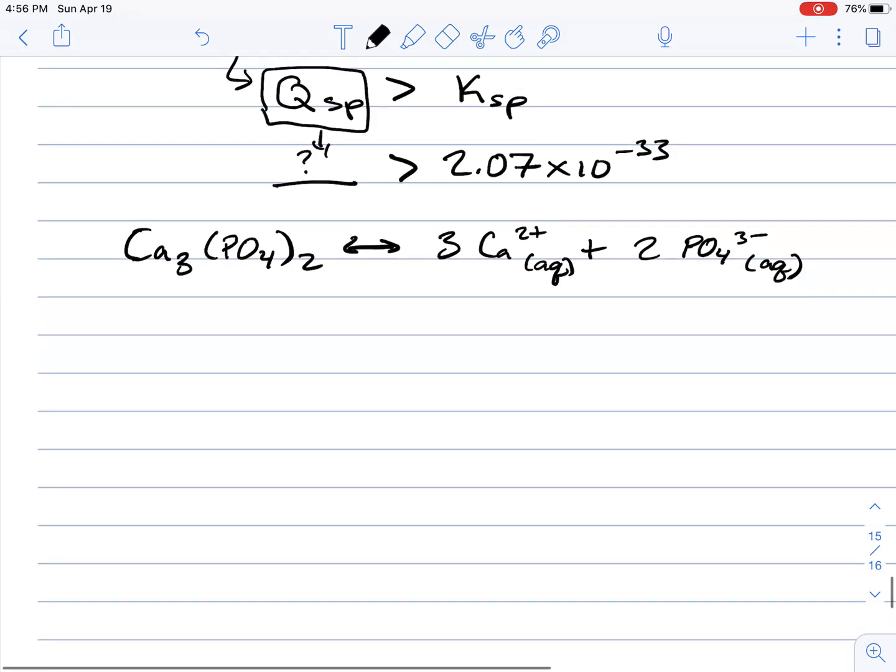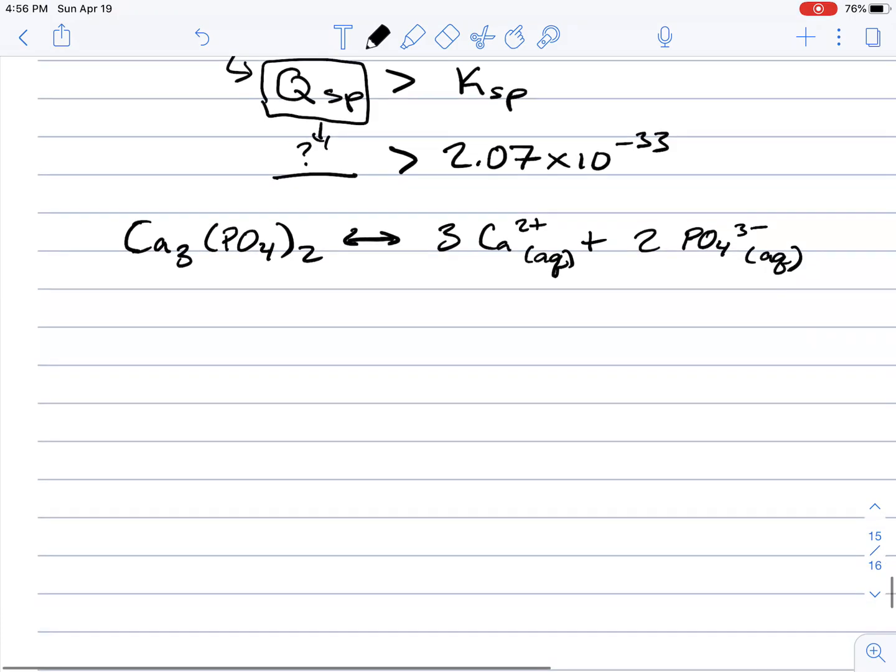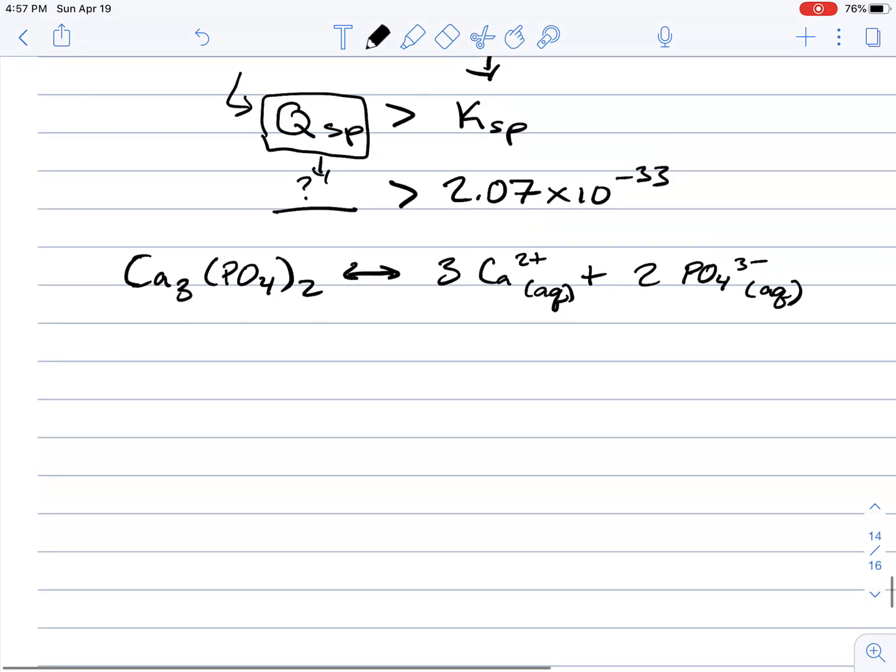All right, and so when you're trying to figure out the Qsp, the ion product, what you want to do is determine the mass action expression.